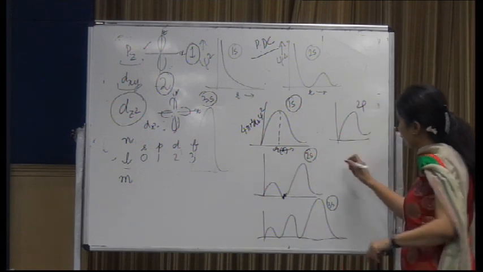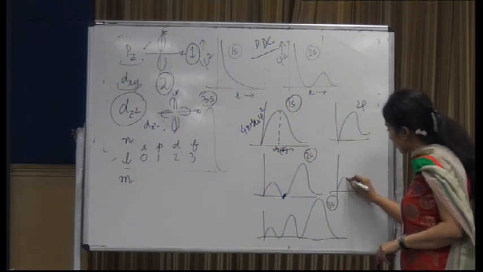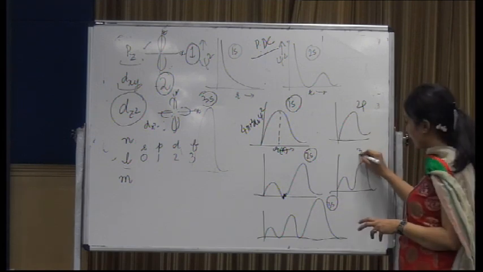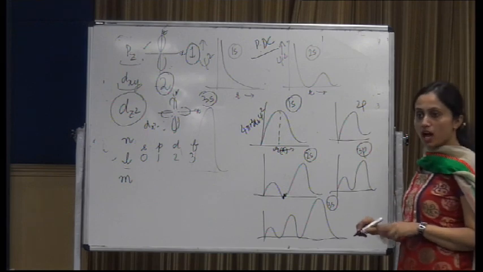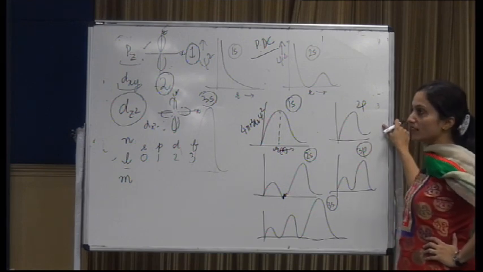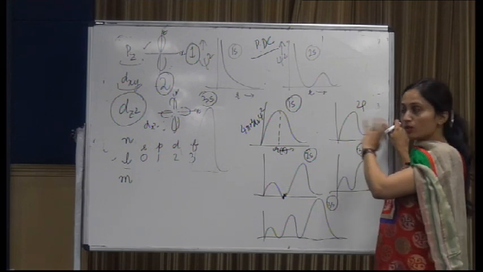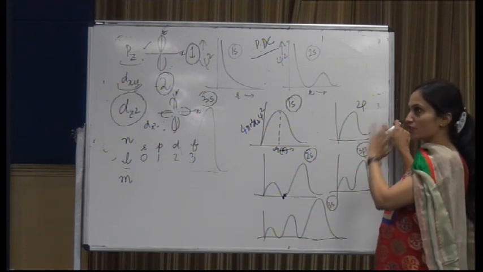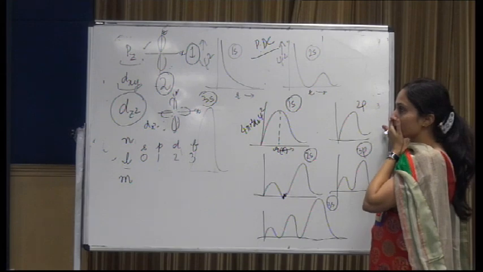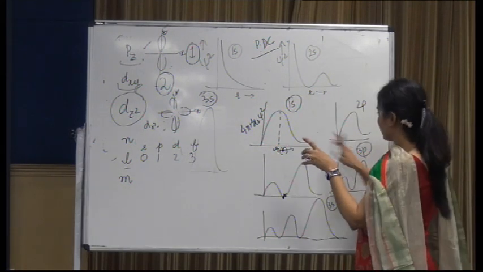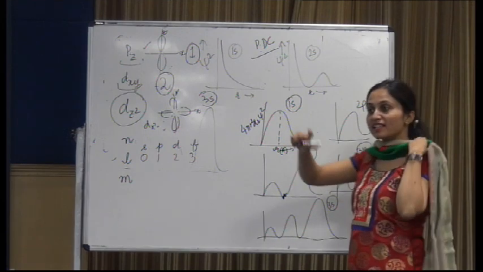Then we have, for this we need to do a lot. This will be now for, you tell me, this will be for 3p. Got it? अब अगर मैं पूछूं what will be the radial density distribution curve, did you all get it? Yes, ma'am. So now draw the radial density distribution curve for 3D. 3D is the beginning.